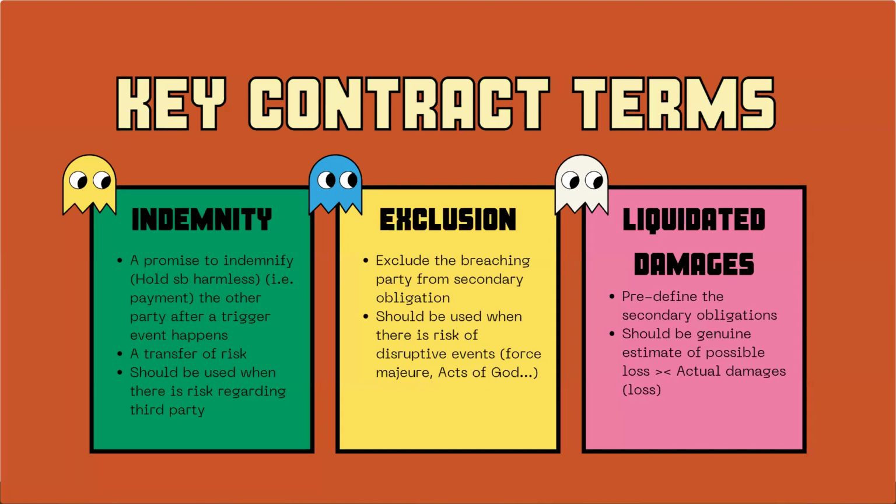And it is an attempt by both parties to imagine what kind of loss could happen and what could be the potential loss from such breach. It is often used when we have an obligation where we find it very difficult to measure the actual damages.